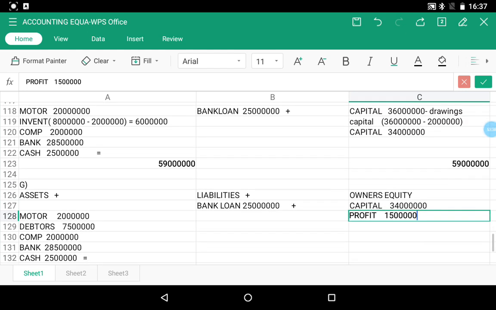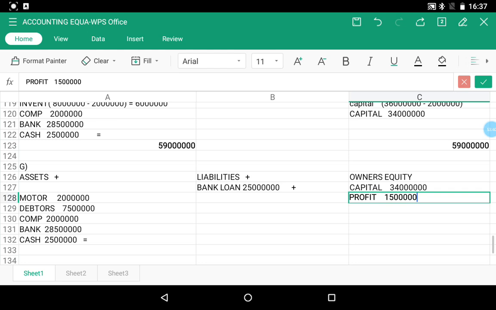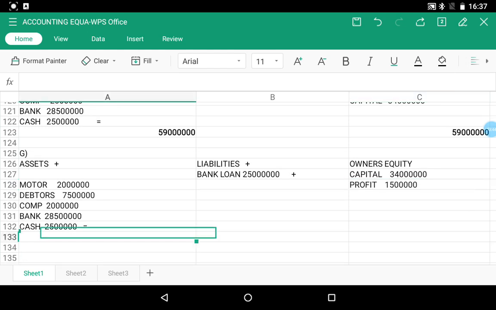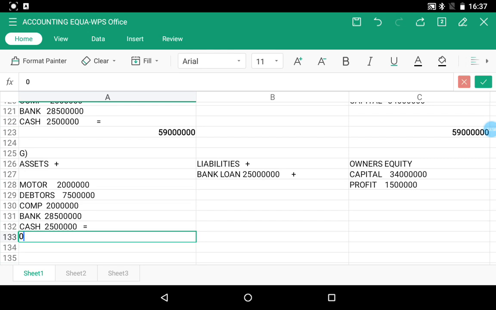So that is our transaction for part G. When you get everything there, you come and add. When you get 20 million plus 7.5 million plus 2 million plus 28.5 million plus 2.5 million, you shall get 60 million 500.